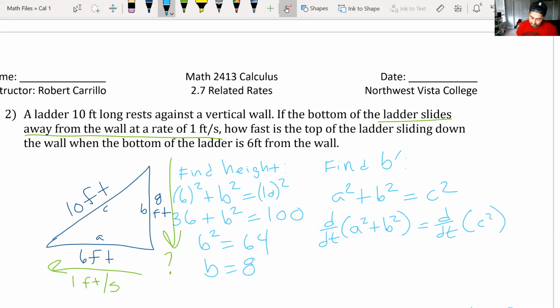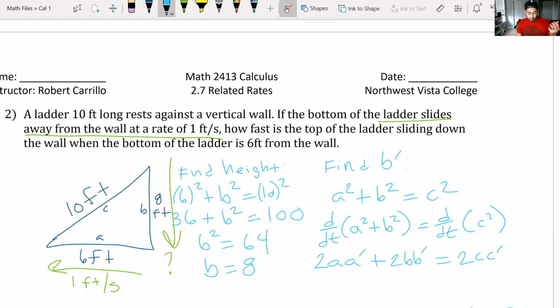Okay, so we are taking the implicit derivative with respect to time on all three of these variables. So what we end up with is 2a prime plus 2b prime equal to 2c prime.